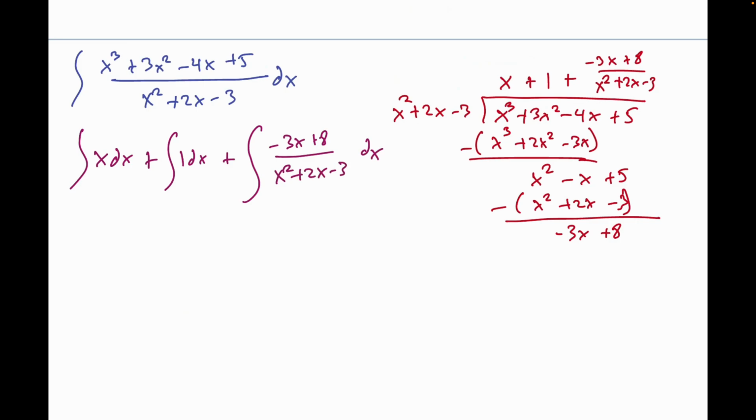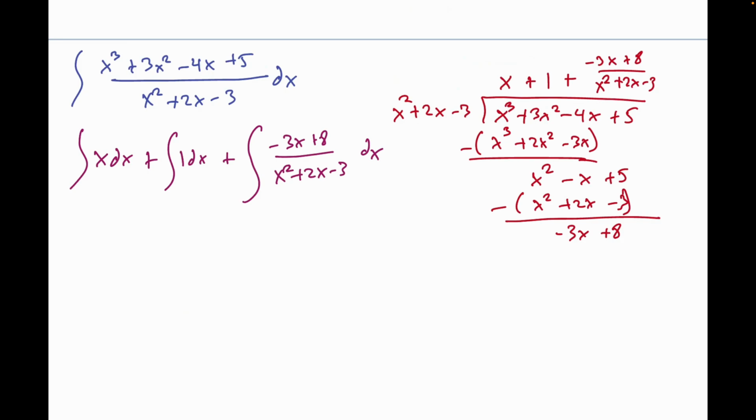Okay, now as we think about how to approach these three integrals, we see the first one's an easy one. That's just the power rule of integration, so that's going to be x squared over 2. The next one's easy. The integral of a constant is just that constant times x. So that's going to be 1x.